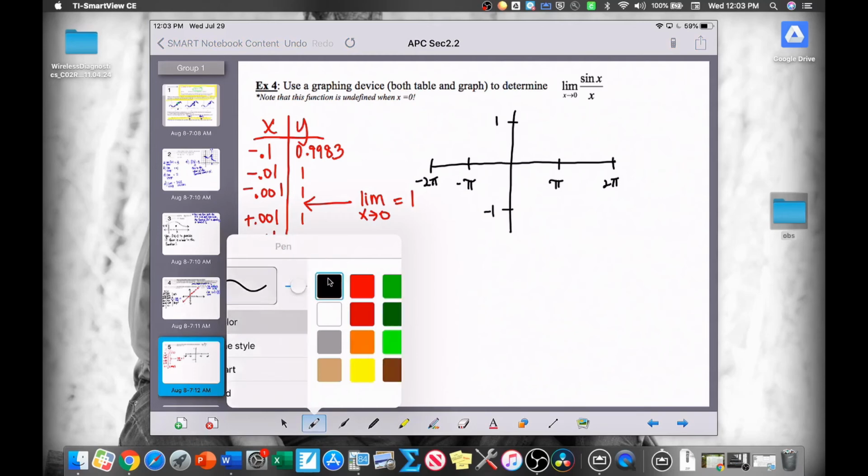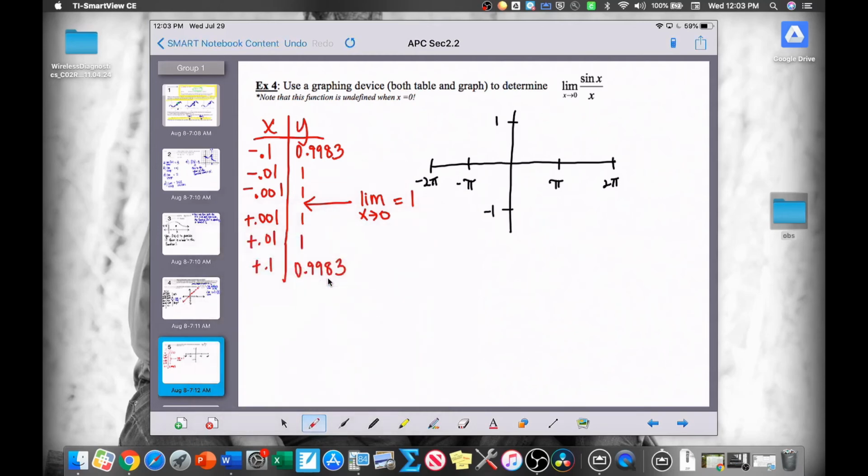And our graph has a hole right here and looks something like this on either side. Okay, sorry, it's not very even, but that's basically what it looks like. And little note here, we know that x cannot actually equal 0 because this function would be undefined.